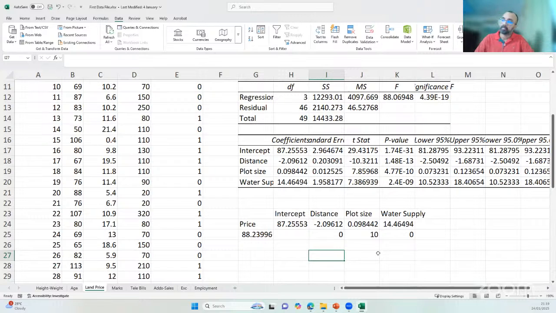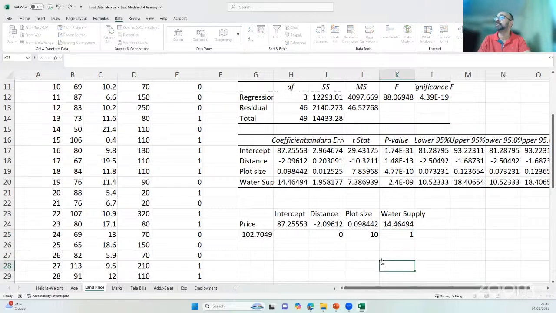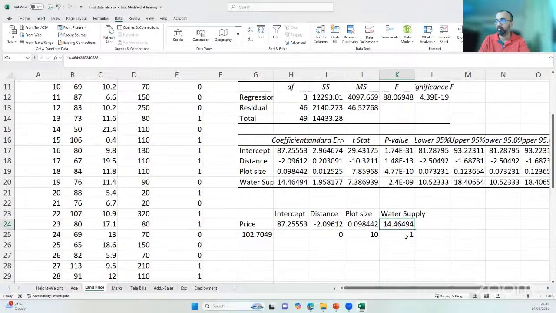Got it? So if there is water supply, the plot value will increase by 14.46494, this value. No water supply, that value will not be. Okay.